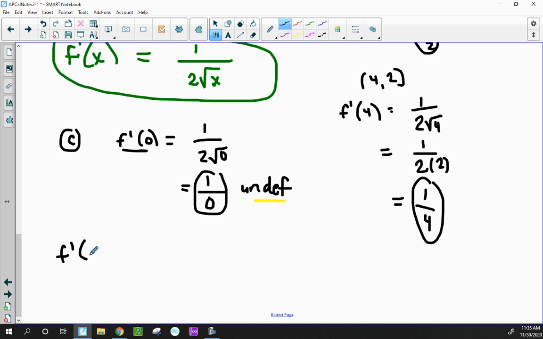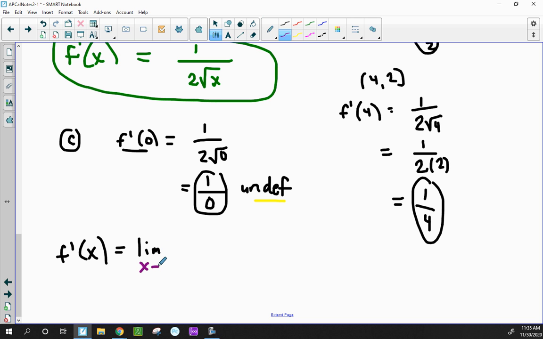Hopefully you'll have a light bulb moment here. Remember, the derivative is related to the limit. I'm going to change this to x.